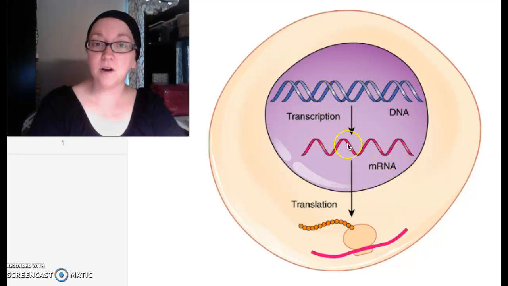And then mRNA is going to go outside of the nucleus into the cytoplasm for the second step, for translation. And in translation, the mRNA, also shown here, joins up with a ribosome and creates the protein, or at this point an amino acid strand, and that will then be released, and a little extra configuration will become the protein.